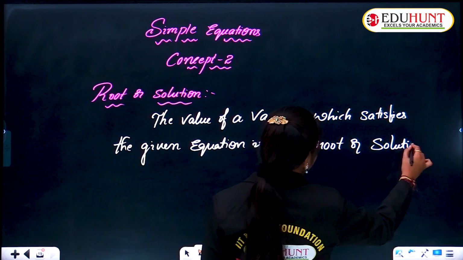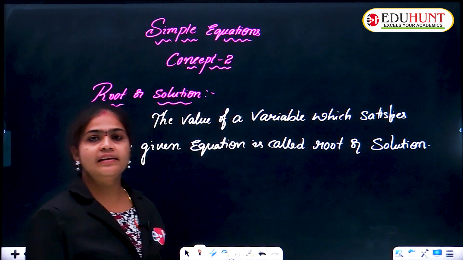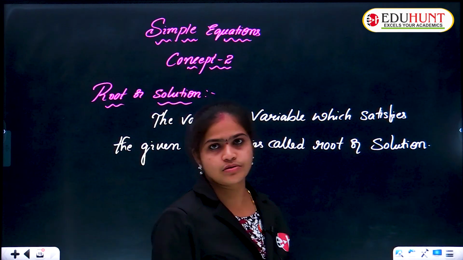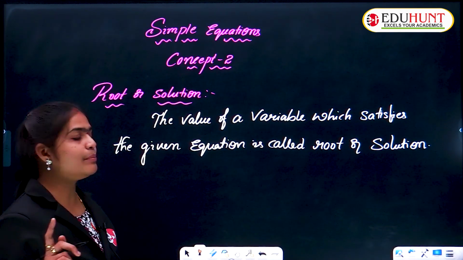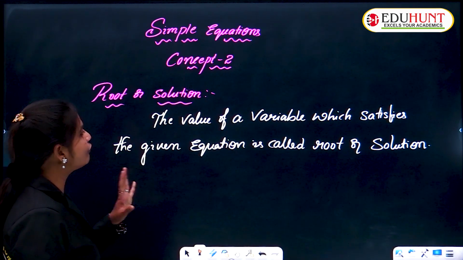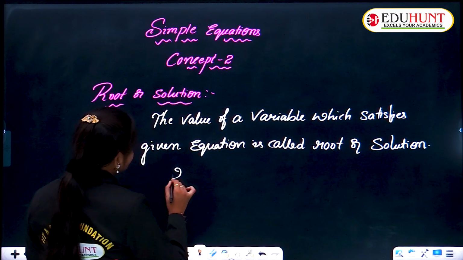Root is also known as a solution. Another name I told you in that video is zeros. Root or solution or zeros, whatever it may be, the meaning is the same. The value of a variable which satisfies the given equation is called root or solution.